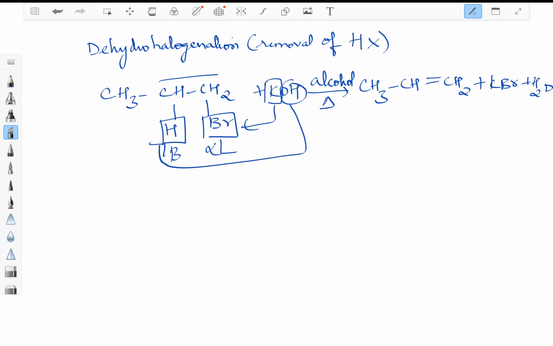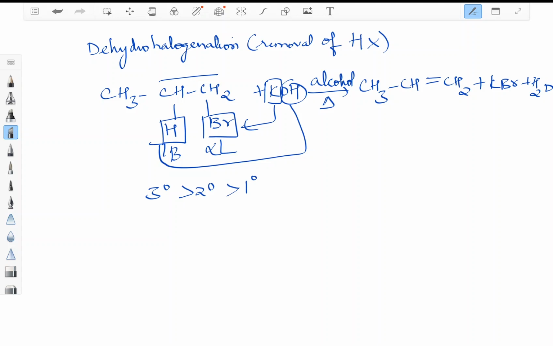So this particular reaction is also a beta elimination reaction. The ease of dehydrohalogenation is tertiary alkyl halide, followed by secondary alkyl halide, followed by primary alkyl halide.